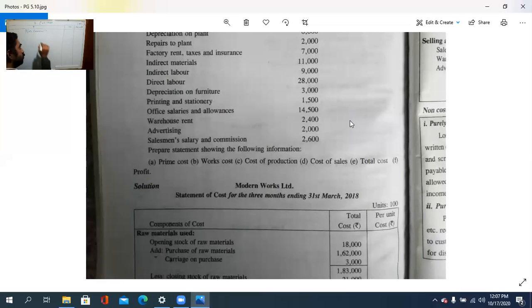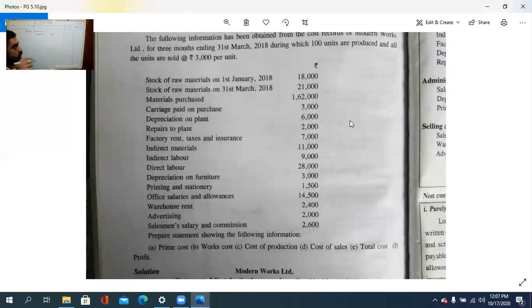So RM consumed: that is the opening, how much is it? 18,000. Then purchases of raw material, 1,62,000. Then take the total of this.